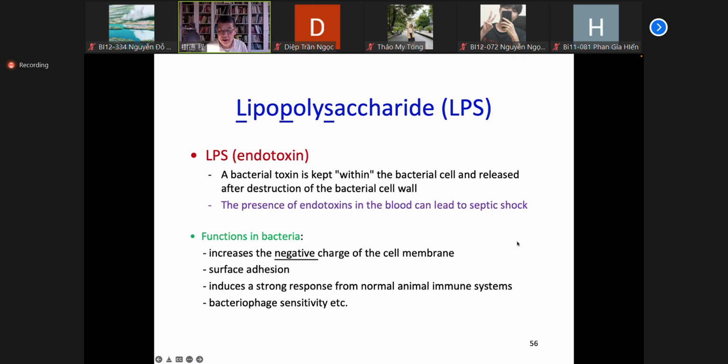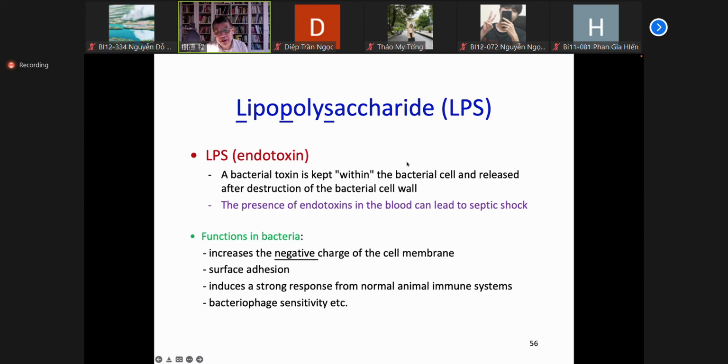So this endotoxin in the animal's circulation will cause septic shock, or bacterial shock. This bacterial shock is generally the main cause of bacterial disease death.